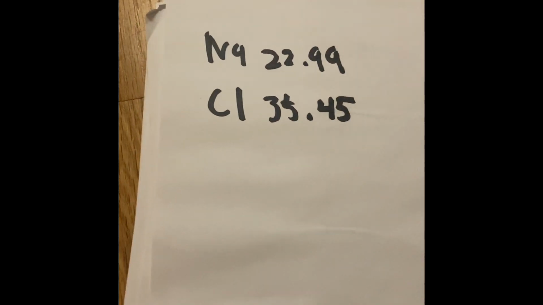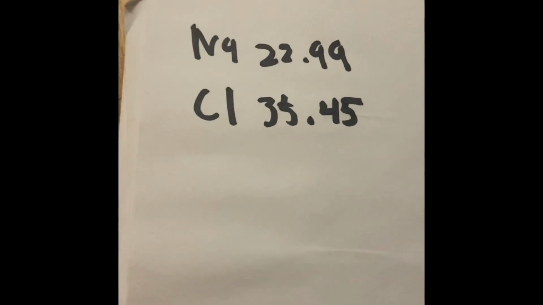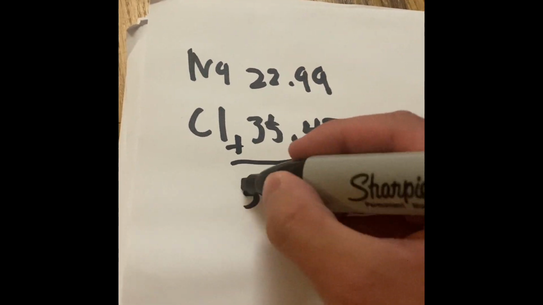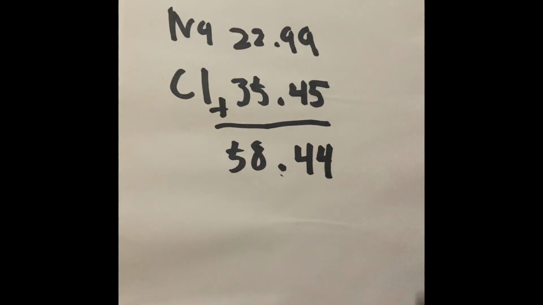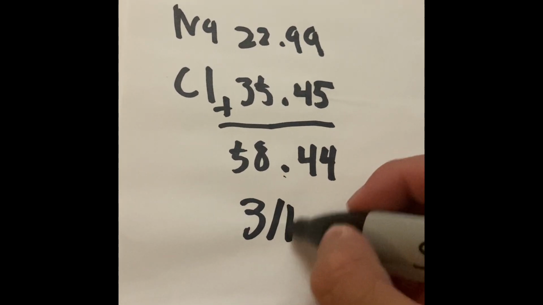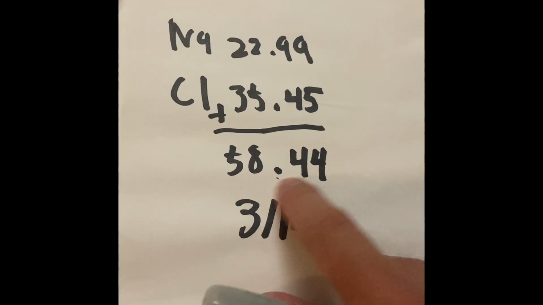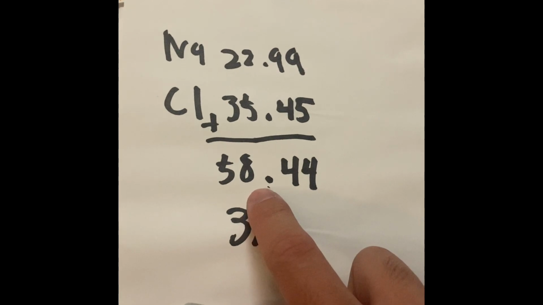So what we have to do now is add these 2 molar masses up because they don't have subscripts of 2 or more. When we add them all up, we get 58.44 grams per mole. If we have 1 mole of NaCl, this is what the molar mass would be. And if you had it in your hand, that's what it would feel like.